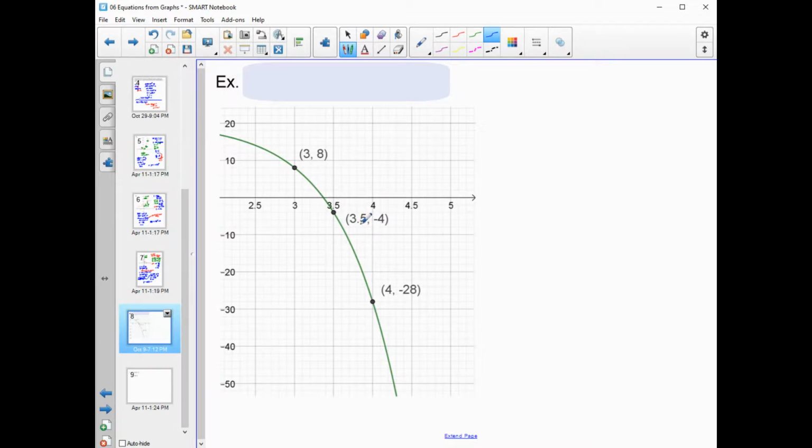We're not going to be dealing with any convenient values. And I've also got the situation here, if you notice, that my x-coordinates are consecutive, but not consecutive by steps of 1. They're actually steps of 1/2. So we're going to have to incorporate that into our equation as well.